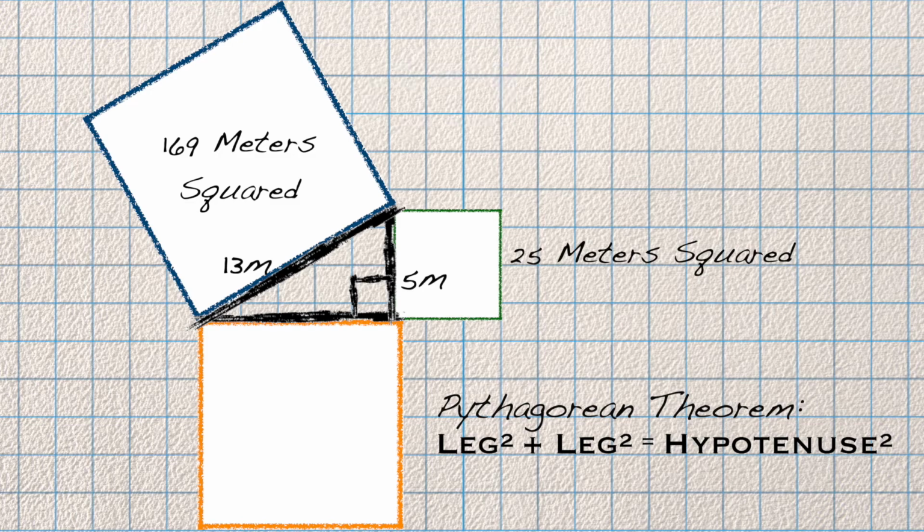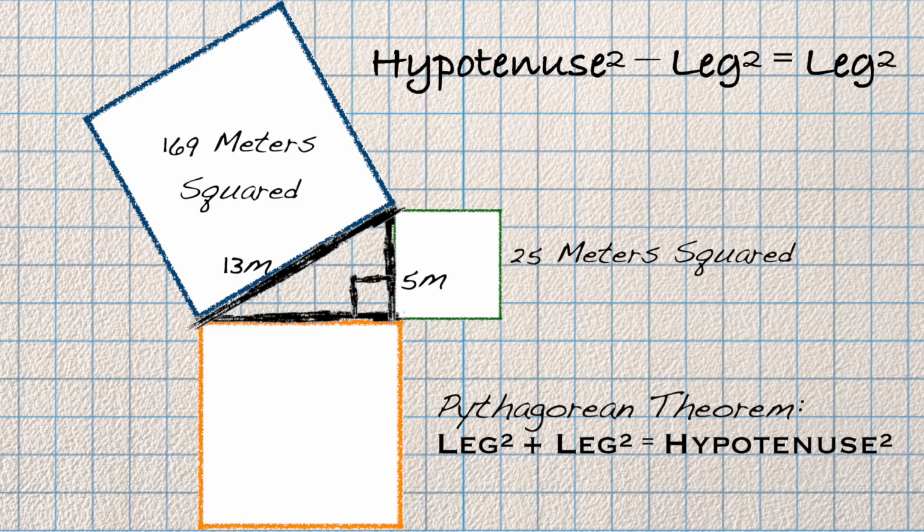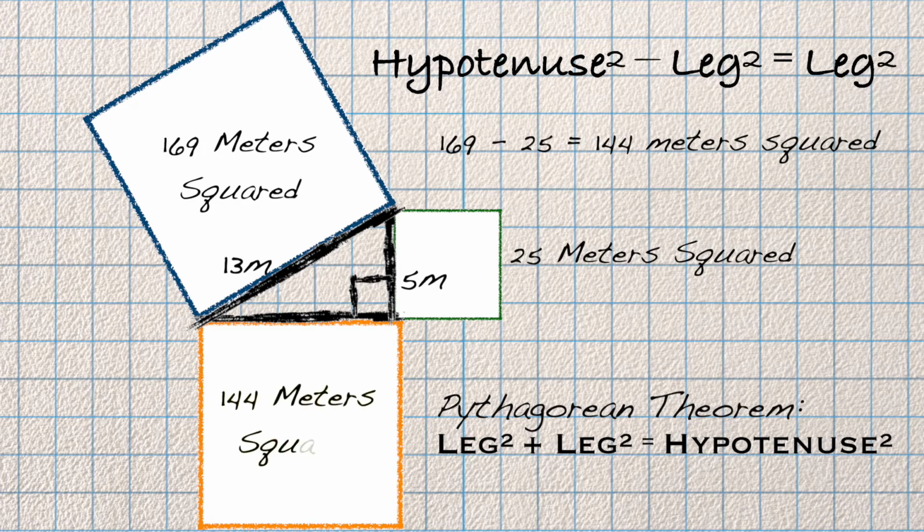So to find the area of this last square, we can do the area of this square minus the area of this square. In other words, we can do 169 minus 25 to get 144 meters squared, which is the area of this last square.